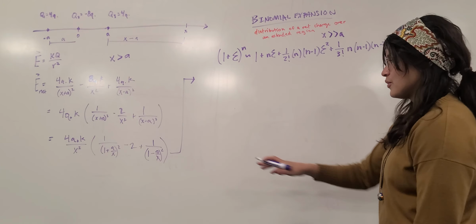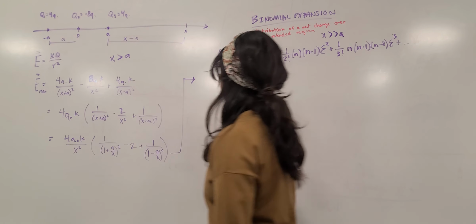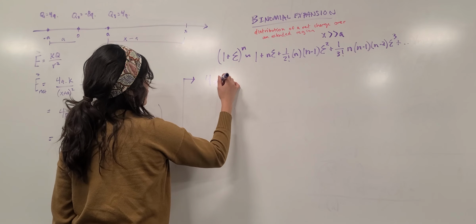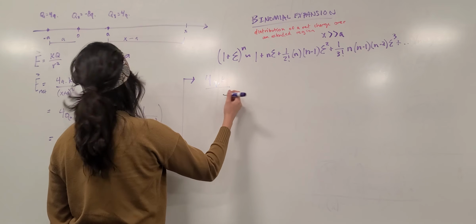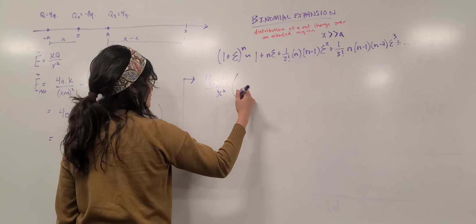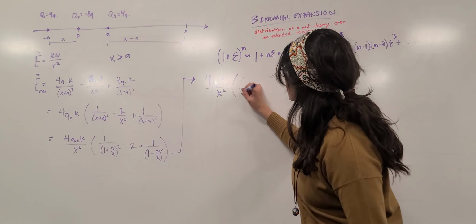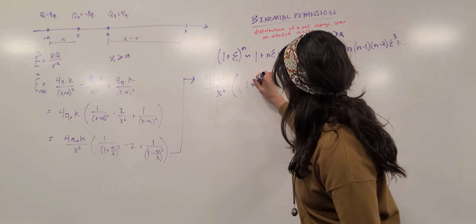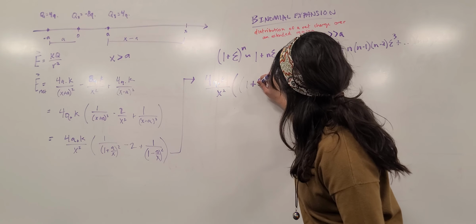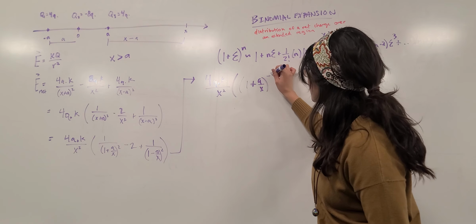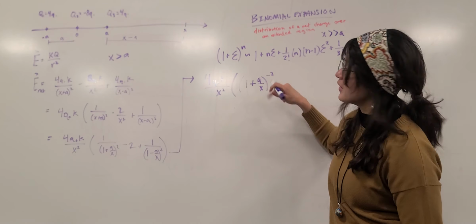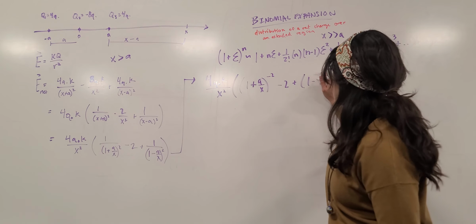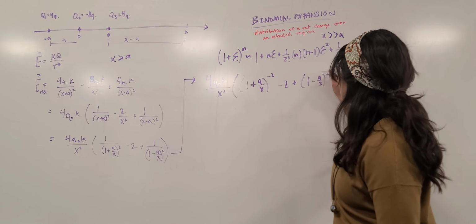So rewriting this to be more familiar, 4 q naught k over x squared times this whole thing, I'm just going to write as 1 plus a over x to the negative 2, because it's in the denominator, minus 2 plus 1 minus a over x to the negative 2.